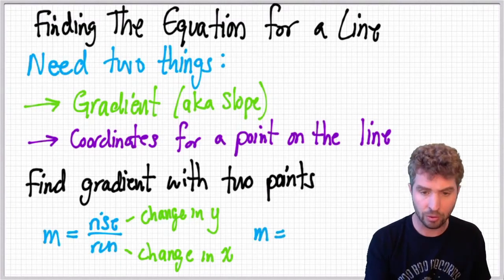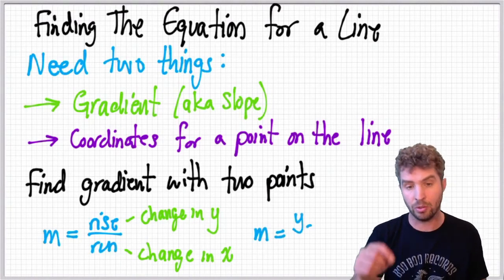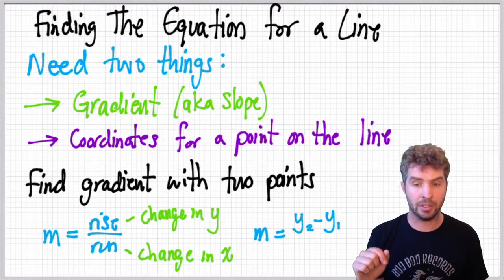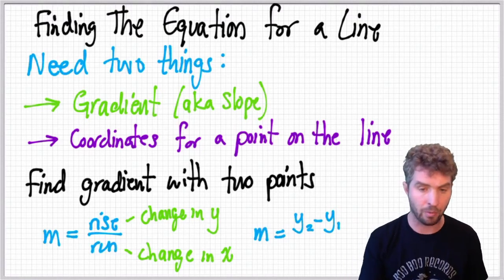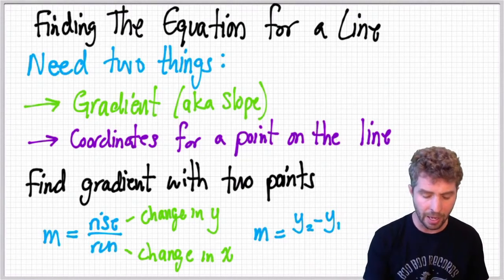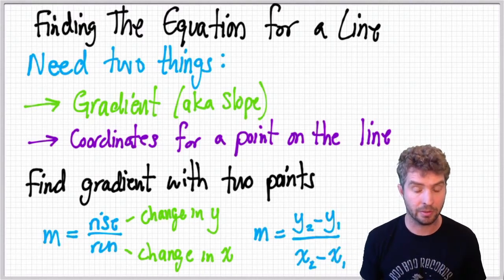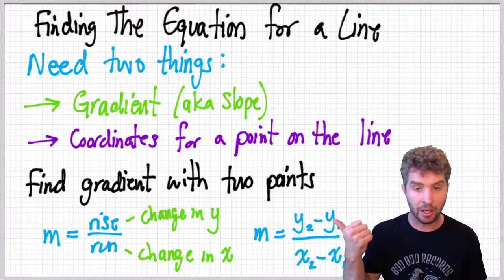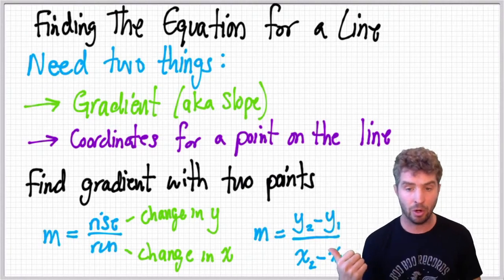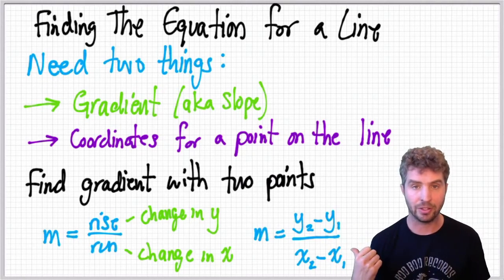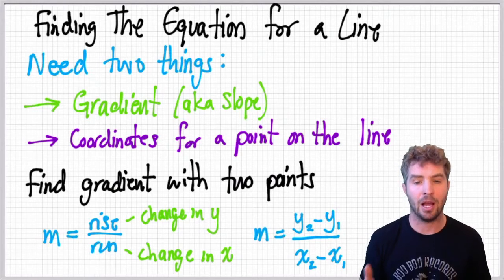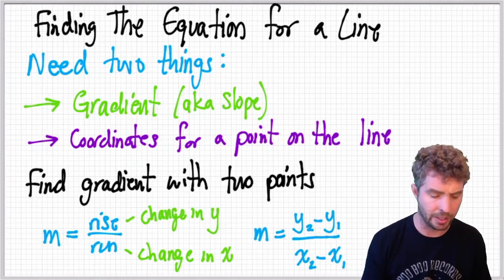So in order to find the gradient, we can do one of the y coordinates subtracted from the other, y1 minus y2, and then divide that by the difference in the two x coordinates. So we've got the vertical change over the horizontal change, the change in the x. Let's look at how that works in an example.